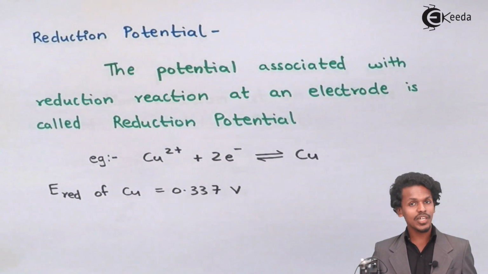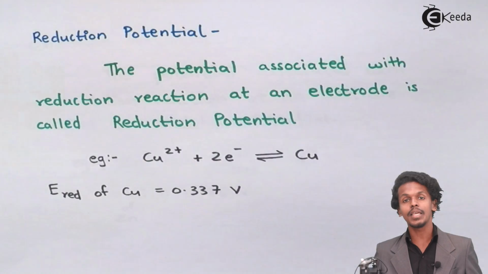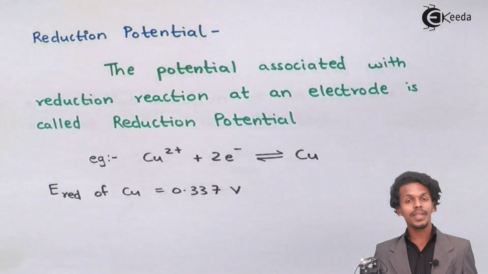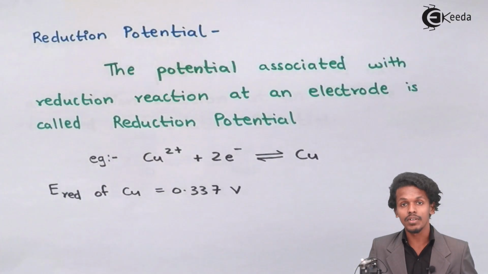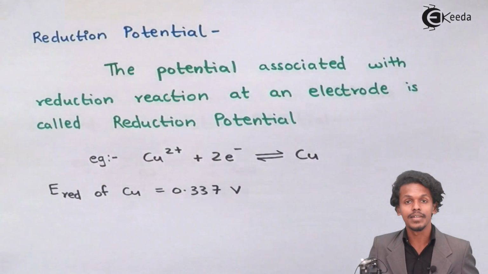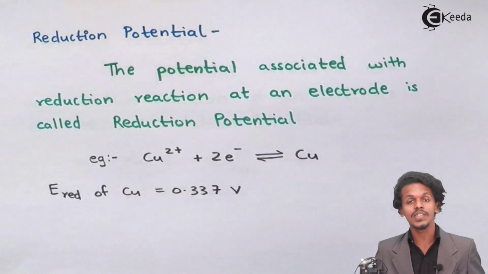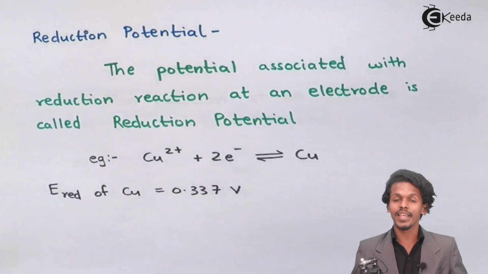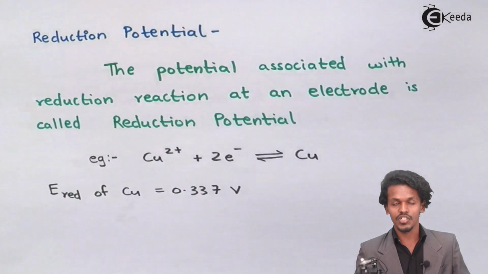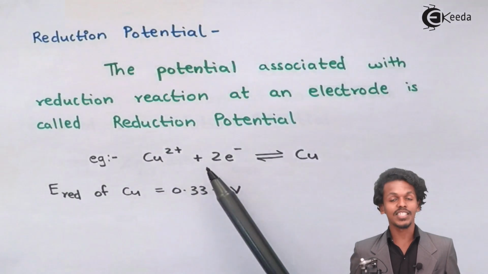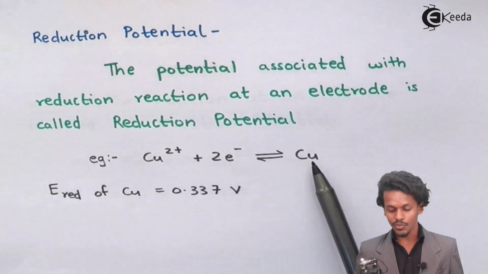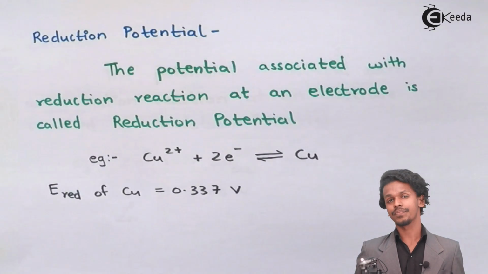It is any potential generated when the metal ions accept electrons from the metal itself, when the metal carries a positive charge. Why? Because the electrons are accepted by the metal ions present in the solution. I have taken an example: Cu2+ accepts 2 electrons to form Cu.